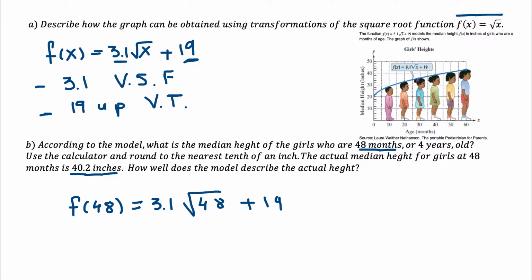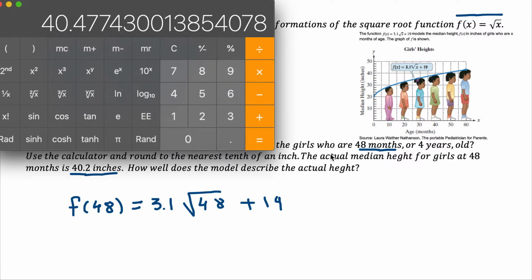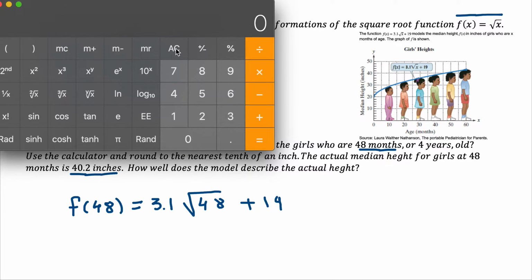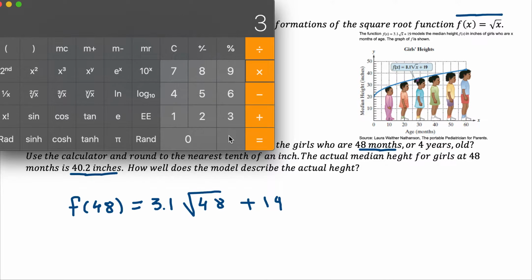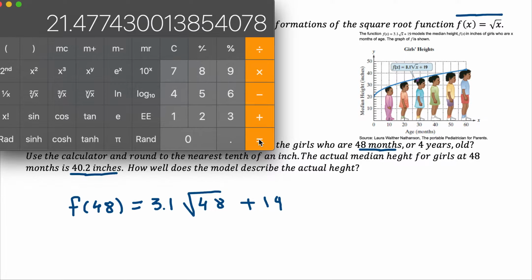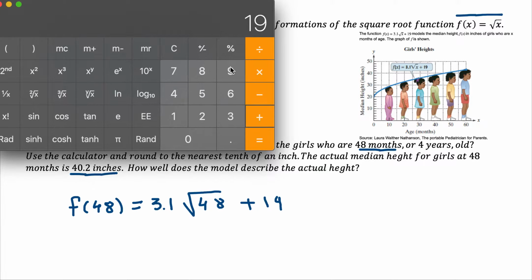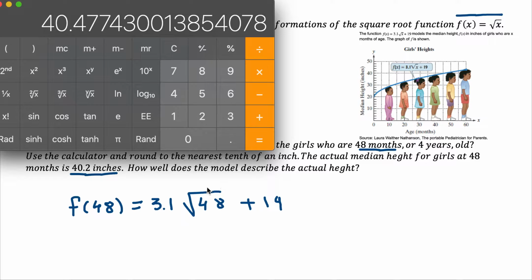Let me take a calculator and calculate everything. In the calculator we are plugging 48, but it is a square root, so I'm taking the square root, times 3.1, and we get this value. Plus the 19 we are adding, and it is 40.477.